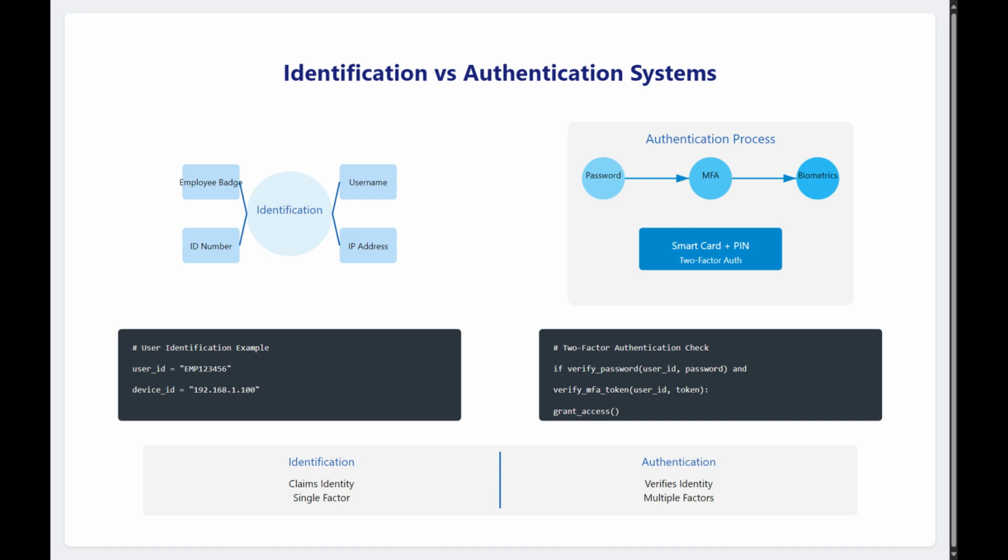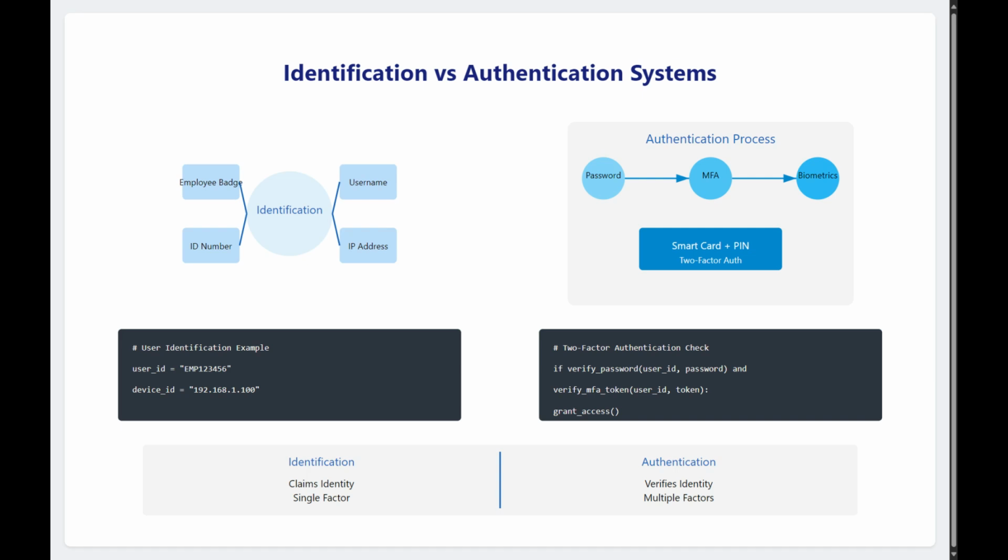Moving to authentication, this process involves validating the claimed identity. The authentication process operates through various mechanisms to verify that users are genuinely who they claim to be. For instance, a common authentication method combines username and password verification. Additionally, modern security practices often implement multi-factor authentication, MFA, where users receive verification prompts on their mobile devices.